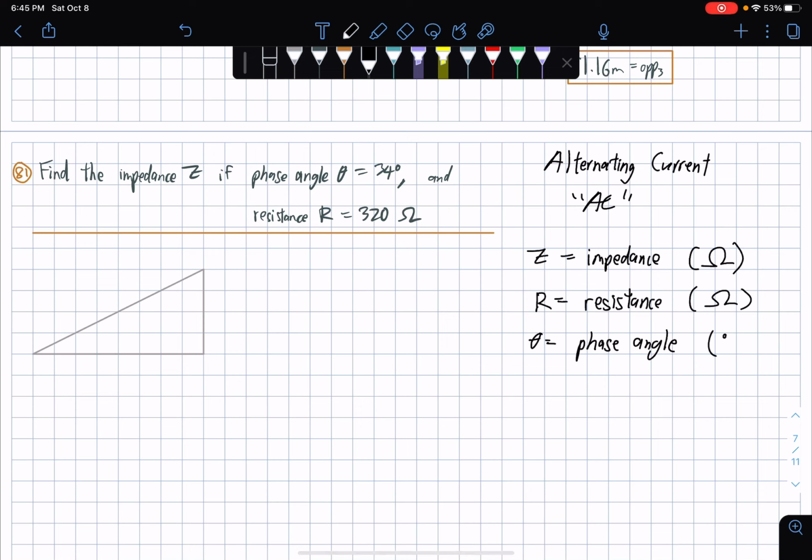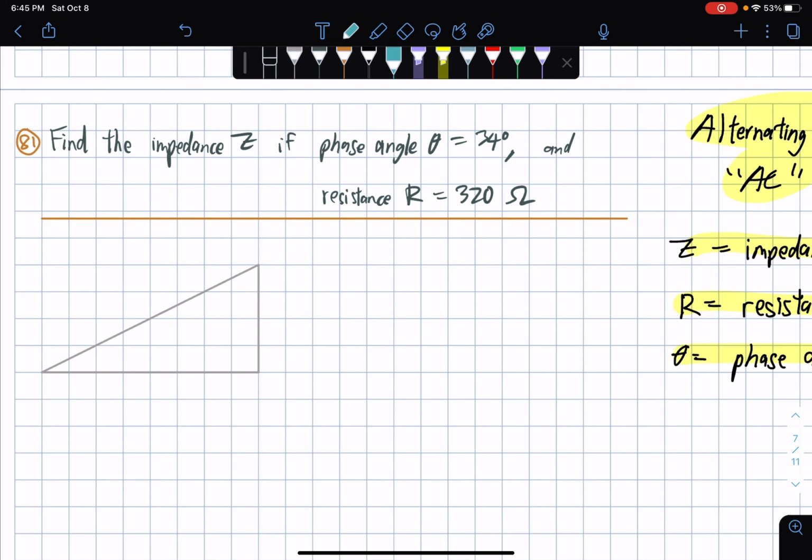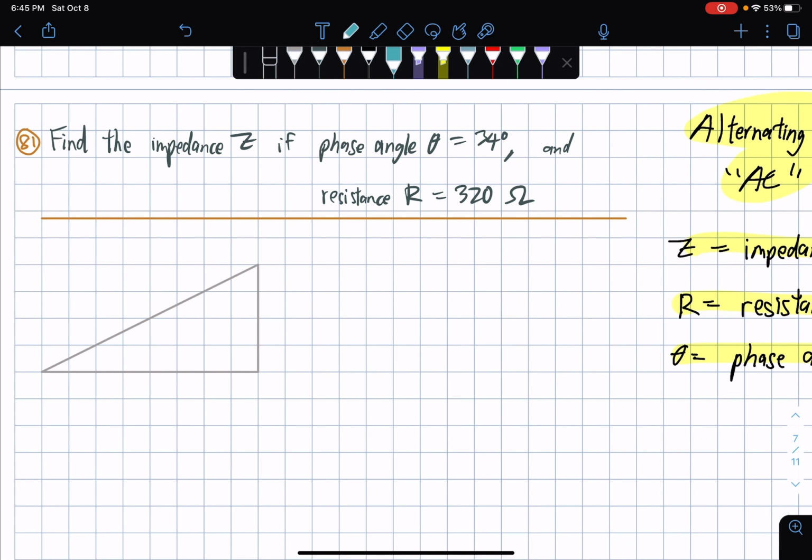It's labeled, of course, in degrees. So you just have to know these, and I think you're good to go. You do have to note though that the hypotenuse will always be the impedance, and resistance will always be the adjacent.